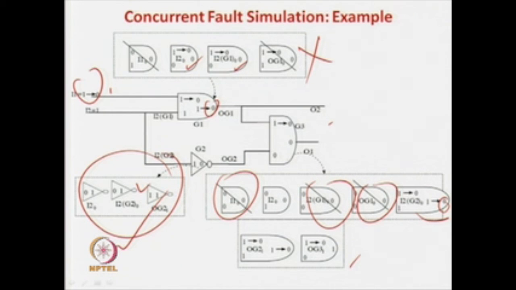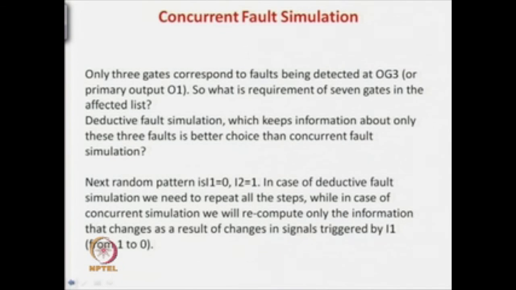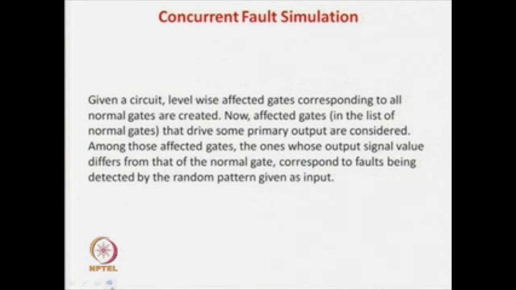They were not having any effect, they could not detect any fault in the previous case, also not in the present case, but still we are keeping this information because they may be reused in some other cases. So, by carrying these dead animals, you can think that some computation is saved, that is the idea. So, here also you may not know whether this gate would lead to any kind of fault detection, but still we are retaining them because sometimes it may be possible to reuse them. So, that is basically the idea of concurrent simulation.